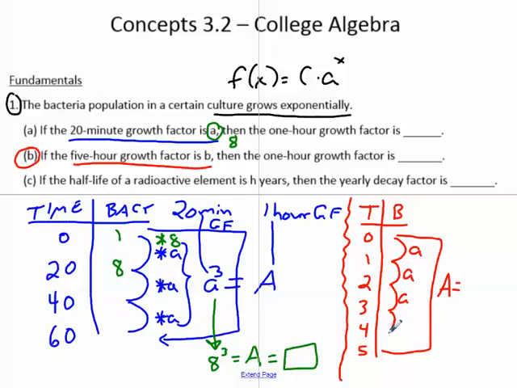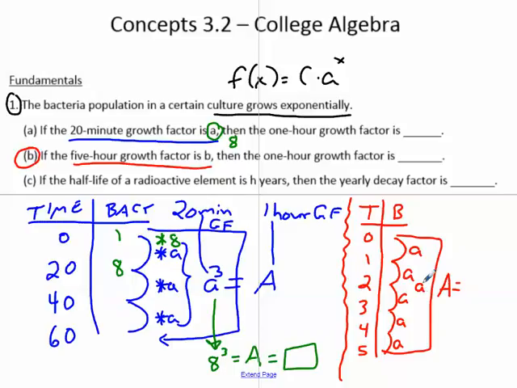From 3 to 4, multiplied by small a, which is the 1-hour growth factor. 4 to 5 did the same thing. We multiplied by small a to get the change from 4 hours to 5 hours. Each one of these steps is multiplying by that small a, the 1-hour growth factor.